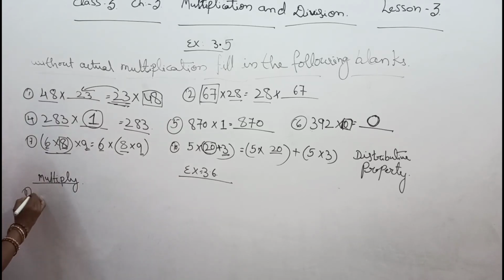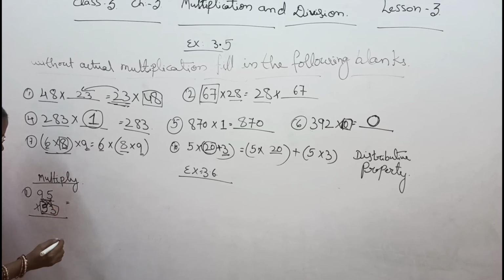95 into 53. Now we have to multiply the above number with these 2 numbers. First we have to multiply by 3, then by 5.